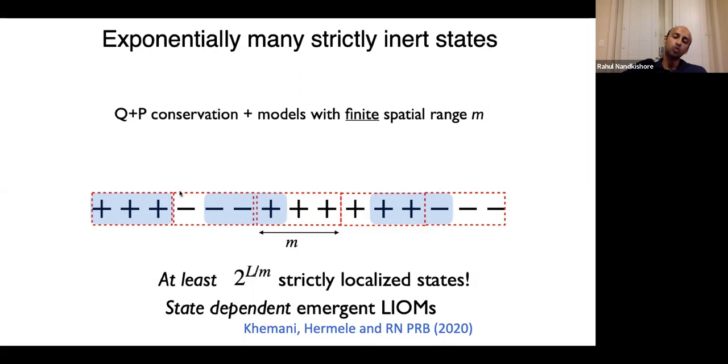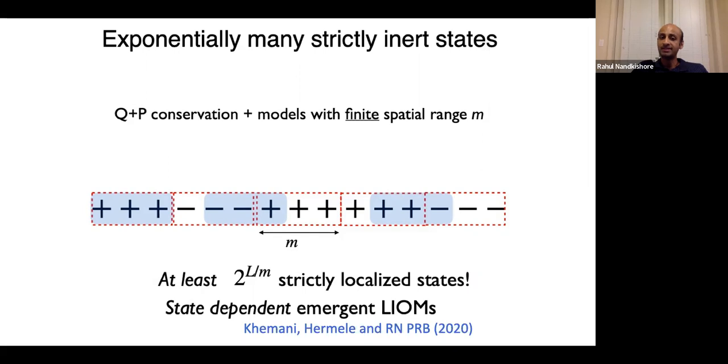If it acts across 1 domain wall, it acts on a state that's locally extremal dipole, given its charge. Nothing you can do to that consistent with dipole conservation, which means that this state must be an exact eigenstate of any quantum dynamics which conserves charge, dipole, and is spatially locally generated on the range M.